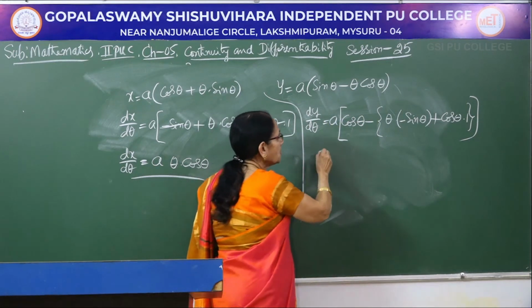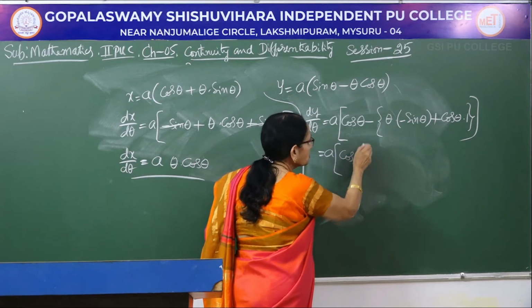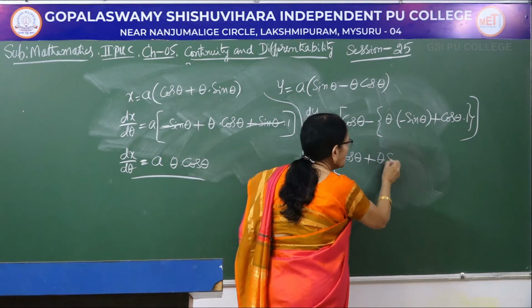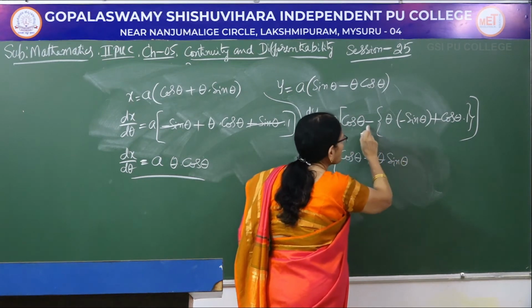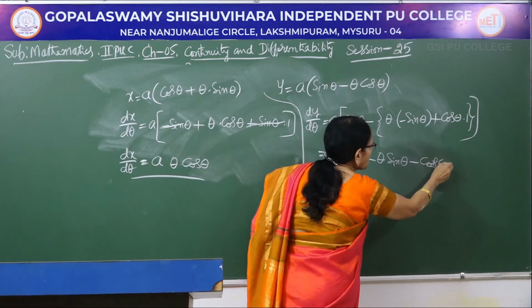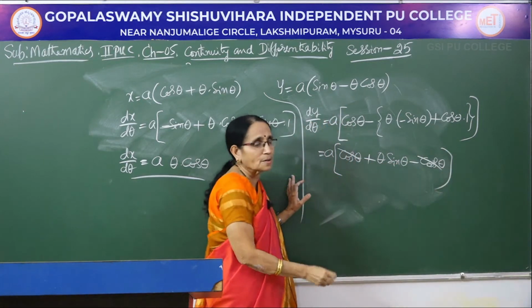Now carefully remove. It is cos theta minus of minus plus theta into sin theta minus of plus minus, it is cos theta. So here also we are cancelling cos theta.